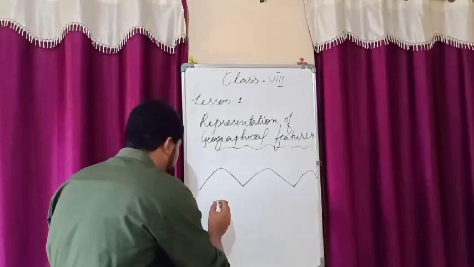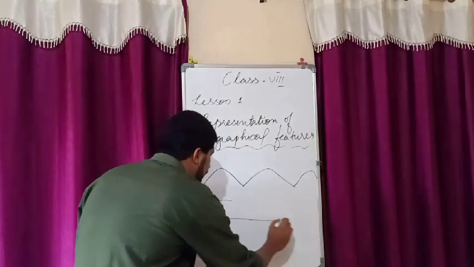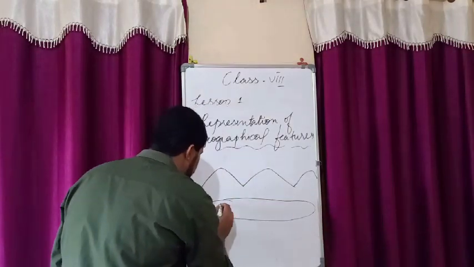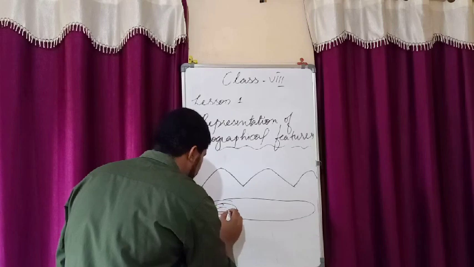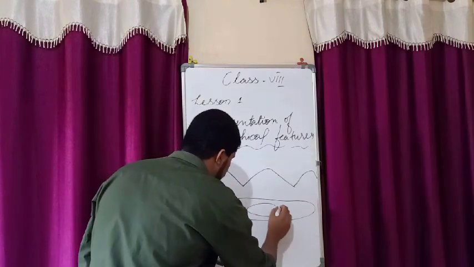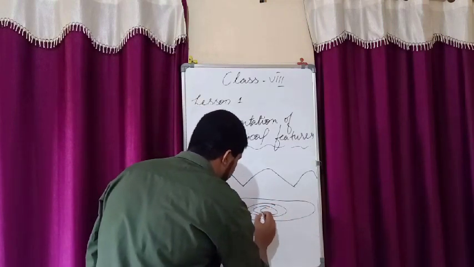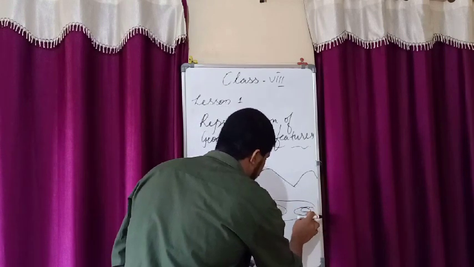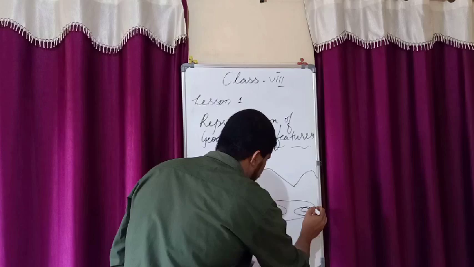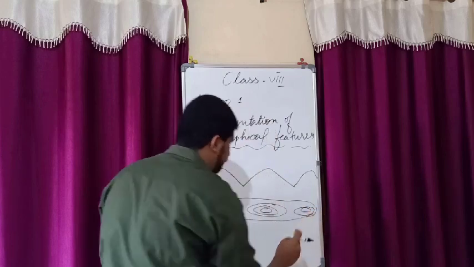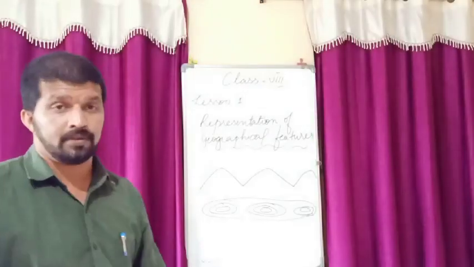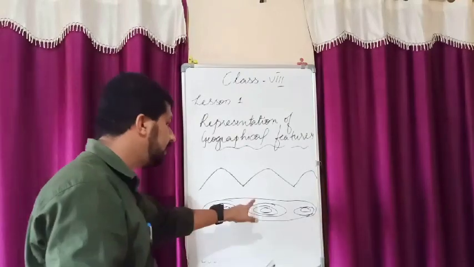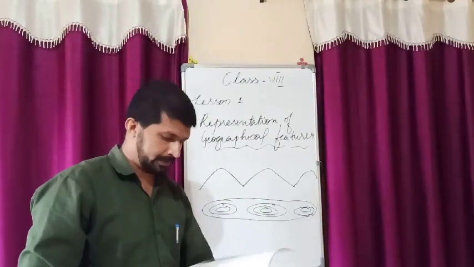How is it represented? So a mountain chain or a ridge can be represented by using such a method of contouring.